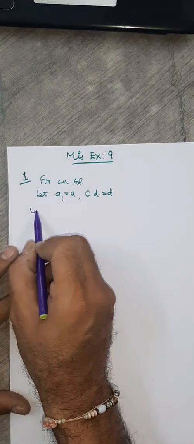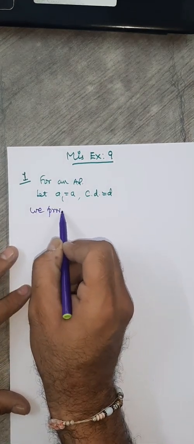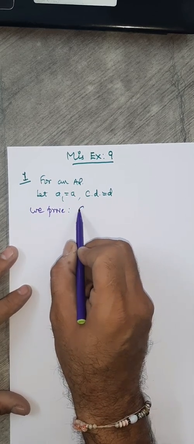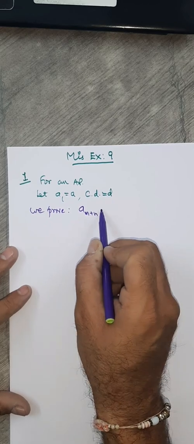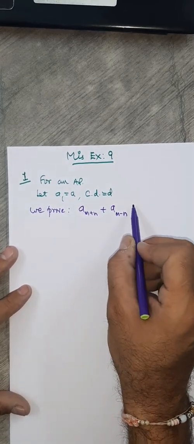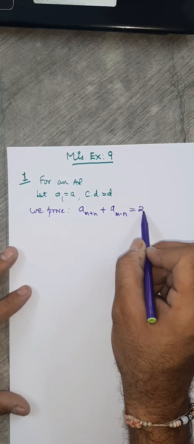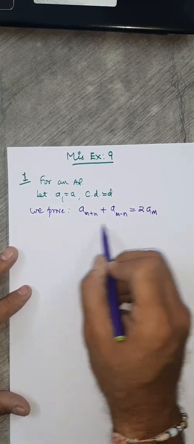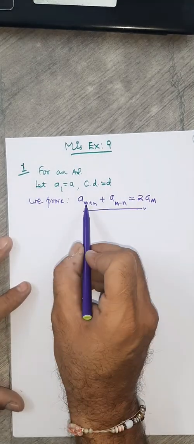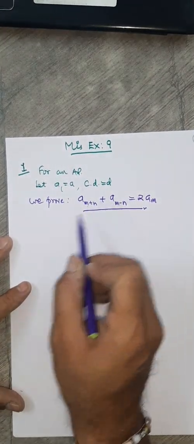We are asked to prove that the sum of the (m plus n)th term and the (m minus n)th term, that is a_{m+n} plus a_{m-n}, equals twice a_m. This is what we want to prove for an arithmetic progression. So we just write the formulas for these two and add them.